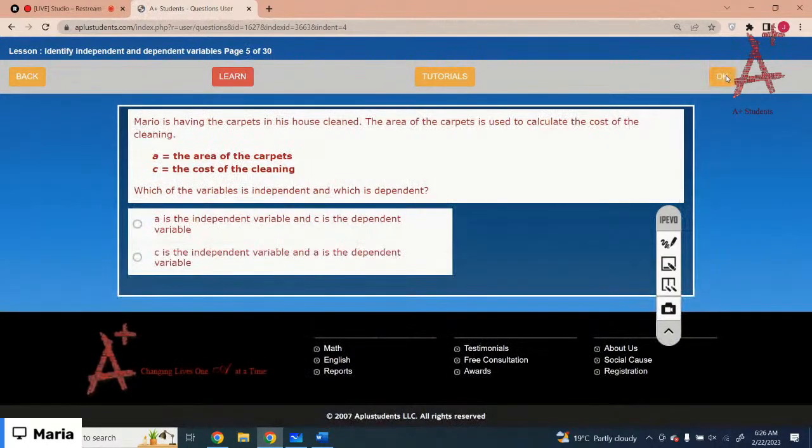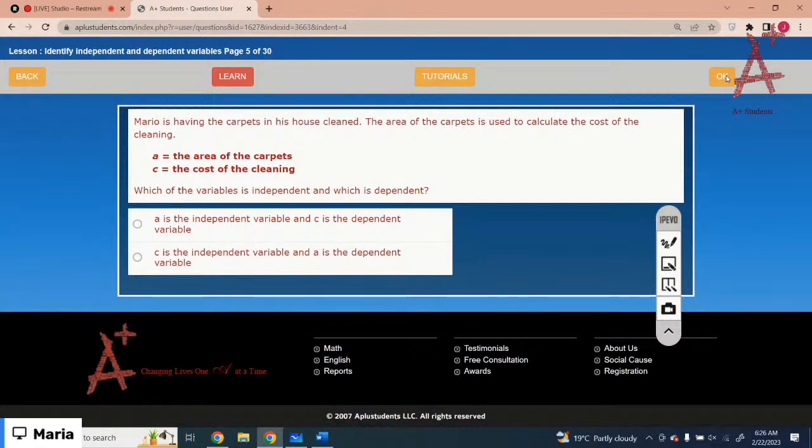Okay. Mario is having the carpets in his house cleaned. The area of the carpets is used to calculate the cost of the cleaning. So A equals the area of the carpets and C equals the cost of the cleaning. Which is independent and which is dependent? The cost is dependent on the area.